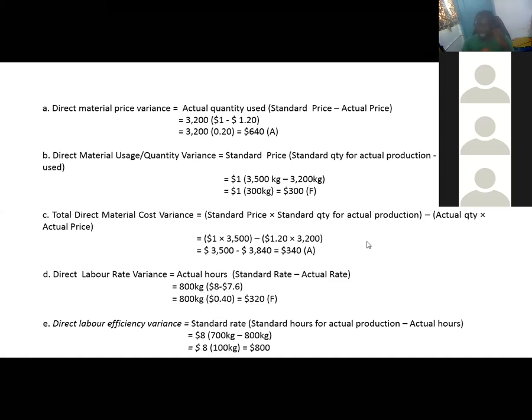So when we multiply these two, that's 3,200 by 0.20, what are we getting? Shepherd, do the multiplication for us and tell us what you've arrived at.